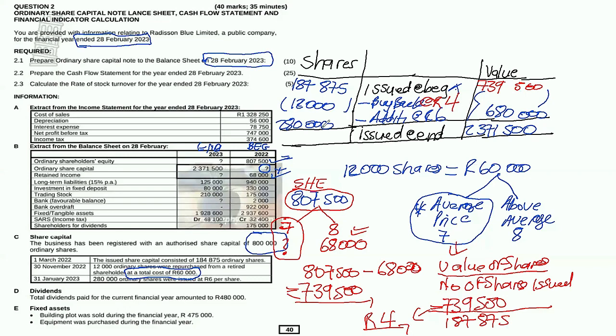Therefore, you multiply 12,000 by 4. So it's going to be 48,000 as our value of buyback. Therefore, our ordinary share capital at the end consists of 472,875.